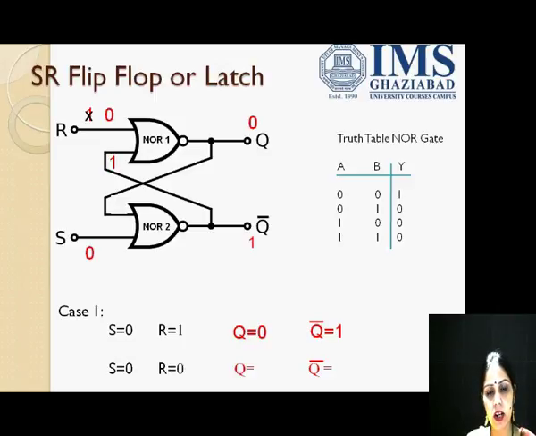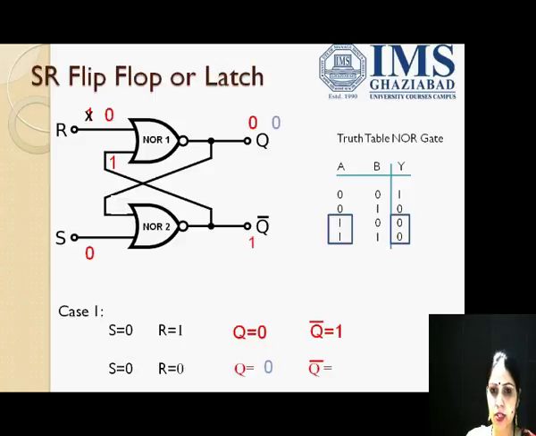And if any one of the inputs for this NOR gate 1 is 1, then the output for this whole NOR gate would come to be 0. That means the current output is 0. Here we have shown the previous output by red color and current output by blue color.